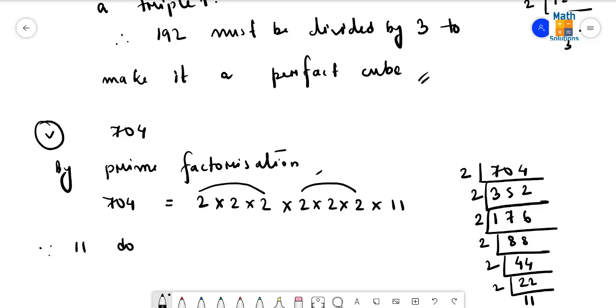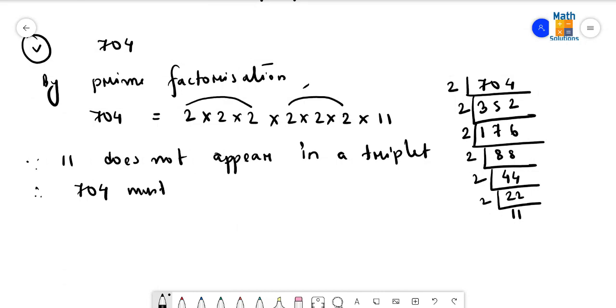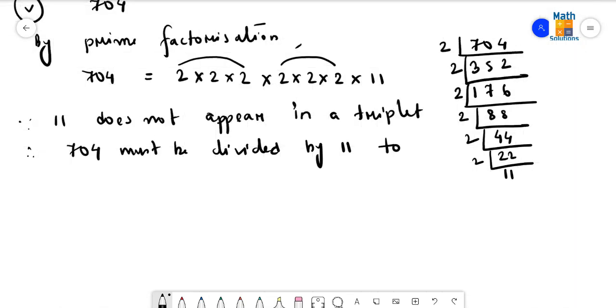Since 11 does not appear in a triplet, hence 704 must be divided by 11, to make it a perfect cube. So that is how this type of questions could be solved.